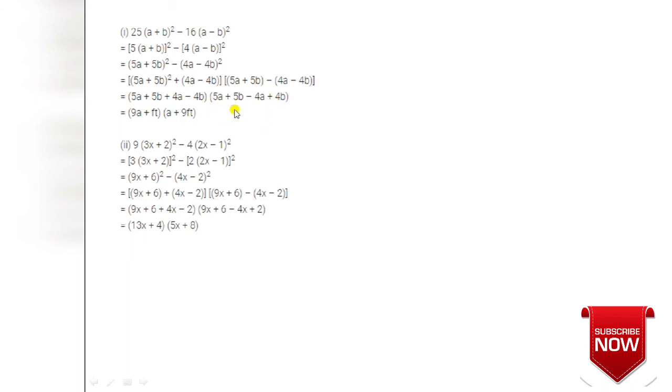Similarly here we will add or subtract. Here 5a plus 4a gives us 9a. 5b minus 4b gives us b. Here 5a minus 4a gives us a, and here 5b plus 4b gives us 9b. Okay students, which is the required answer.